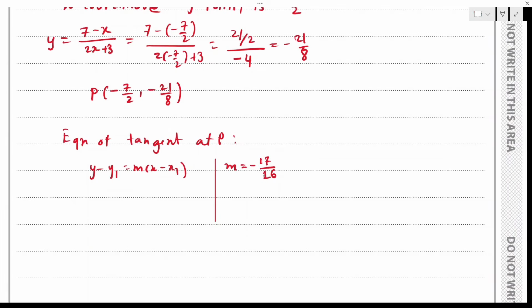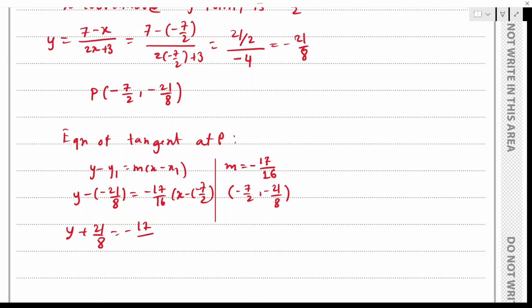So m is equal to minus 17 by 16, and the point we have is minus 7 by 2, minus 21 by 8. Now I can use these values to find the equation. So y minus of minus 21 by 8, which is y plus 21 by 8, is equal to minus 17 by 16 into x minus of minus 7 by 2, so x plus 7 by 2, into minus 17 by 16.